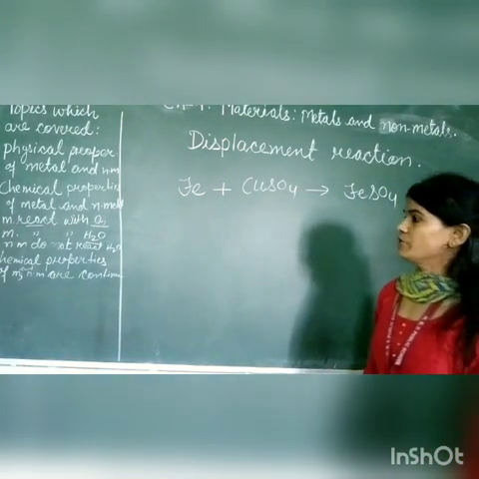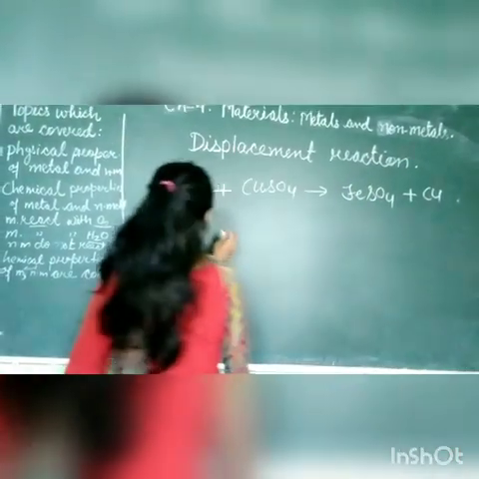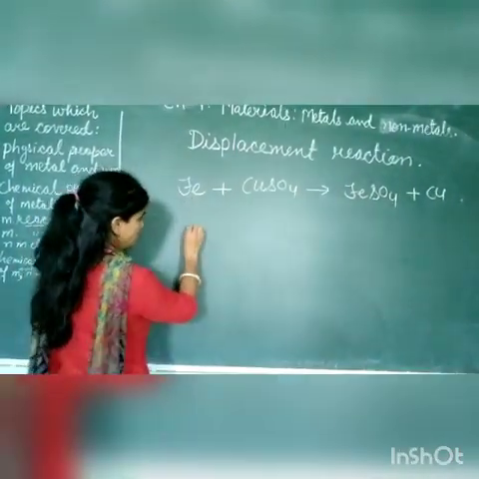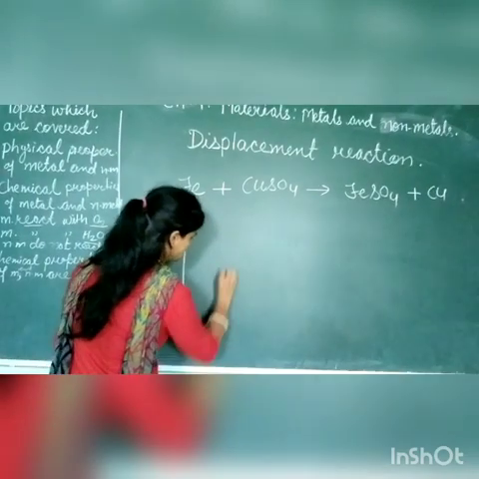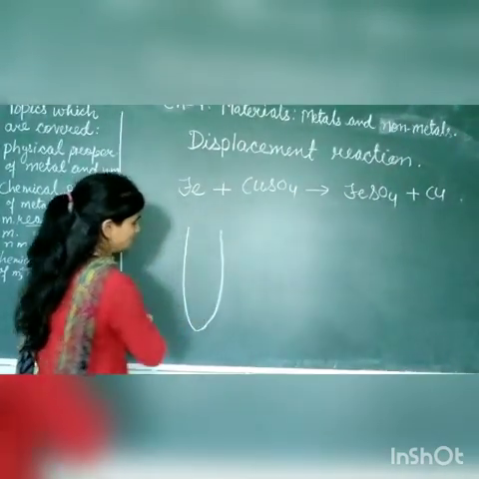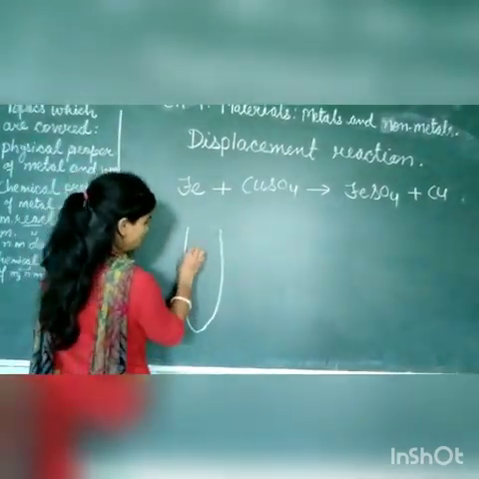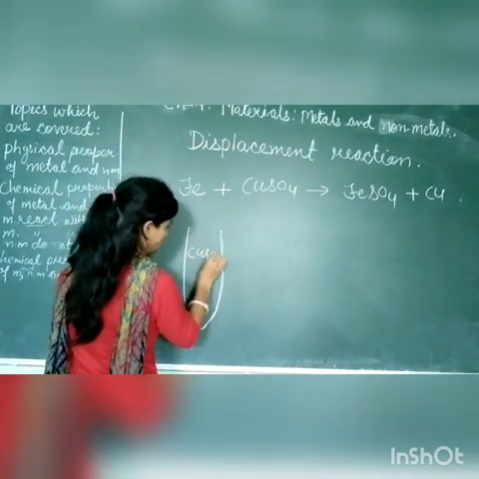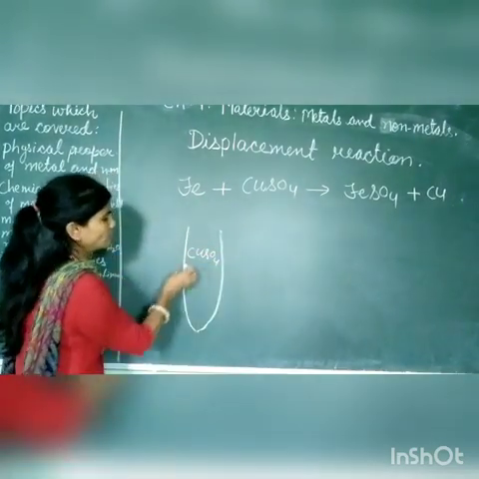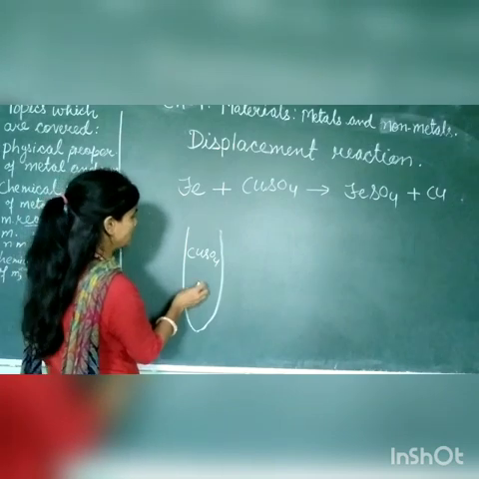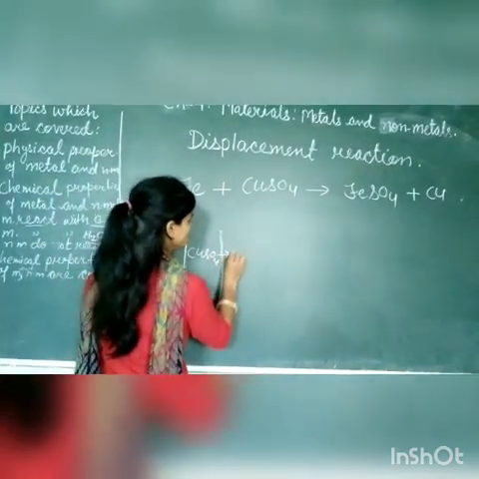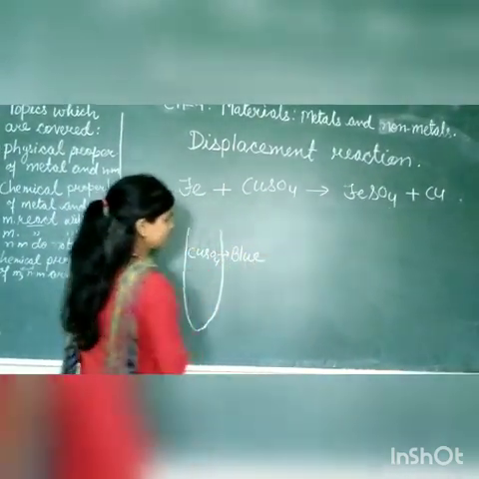You can see it with the help of test tubes also as an experiment. You will take one glass jar, and in this glass jar you will take copper sulfate solution. The color of the copper sulfate solution is blue.